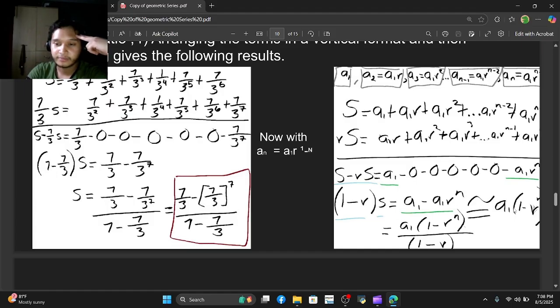The first term is equal to 1 minus r. Now I want to explain what happened here.